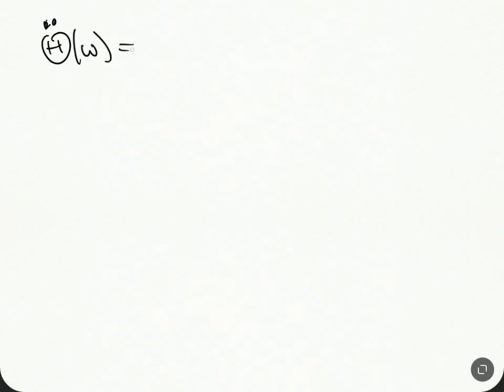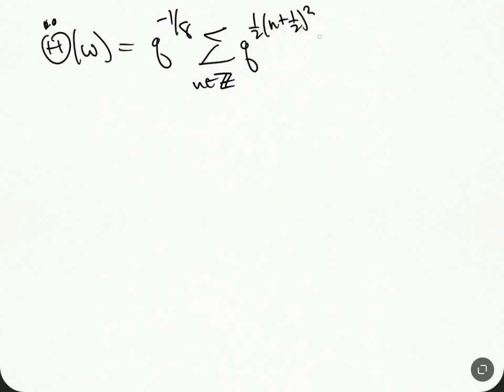And it's the following theta function: q to the minus 1/8, sum over n in the integers, q to the 1/2, n plus 1/2 squared, and then we have w to the 2n plus 1. So there's this series, and then we have our other series.